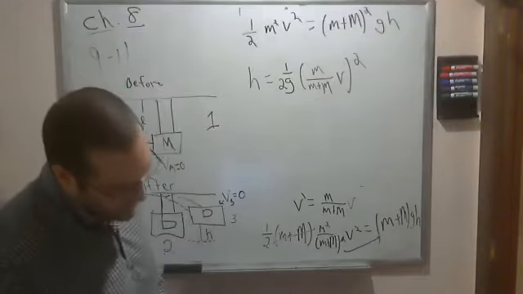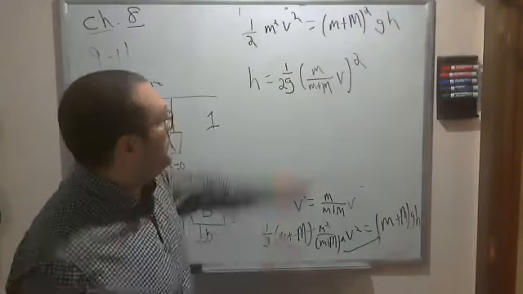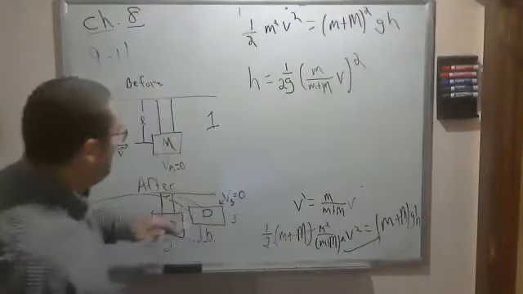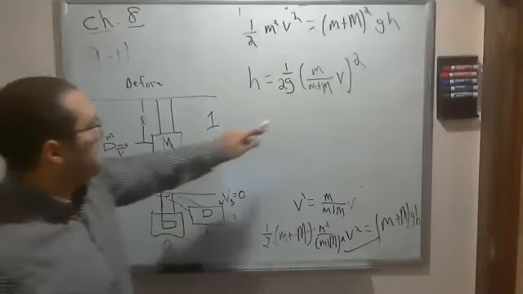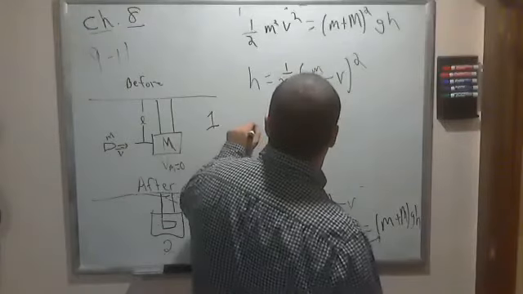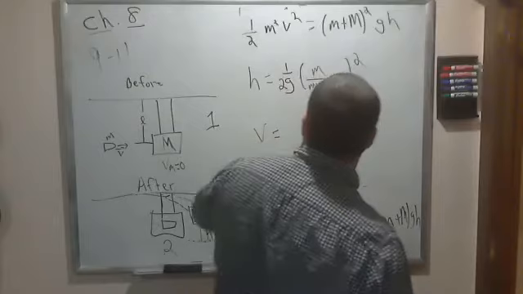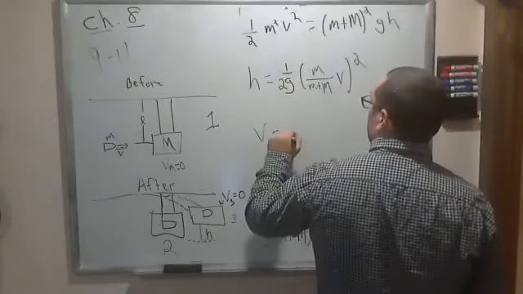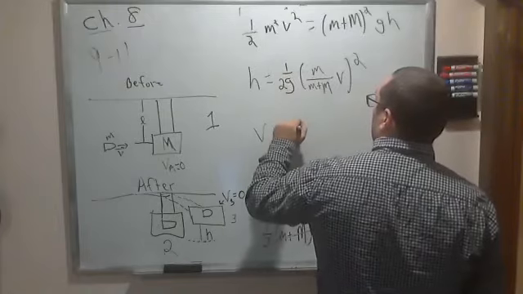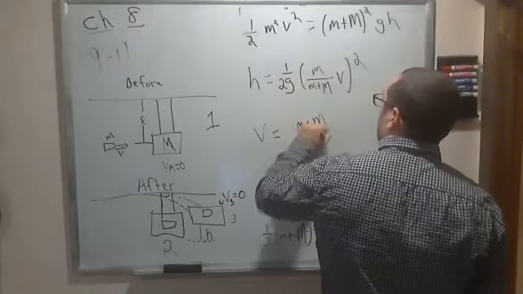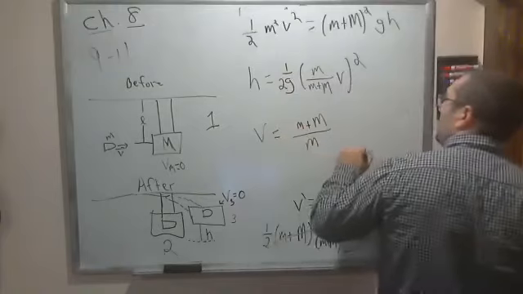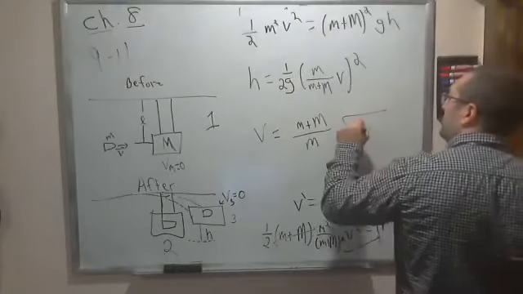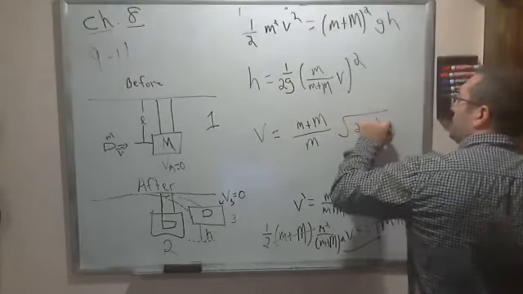Now, if we want to solve for the velocity, normally we would measure h, so we solve for the velocity, and this equation becomes m over that, square root of 2gh.